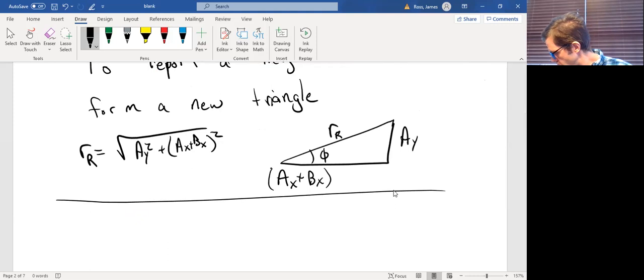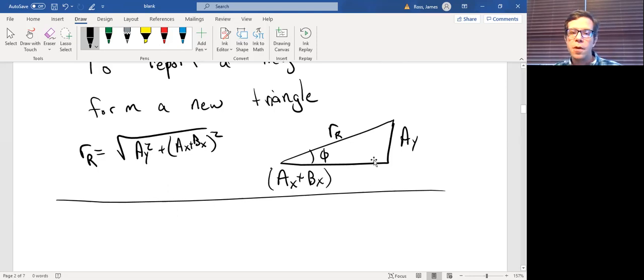Is there anything more I want to talk about from that section before moving on? Let me double check real quick. We talked a little bit about standard unit vectors. That was the thing I wanted to make sure that I didn't forget. We did geometric adding. I think that's everything for chapter 3.